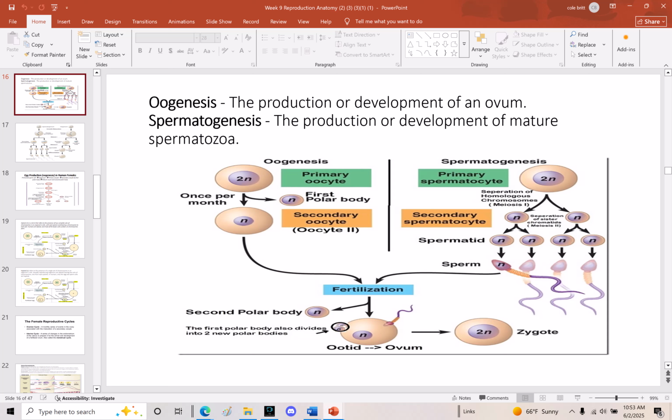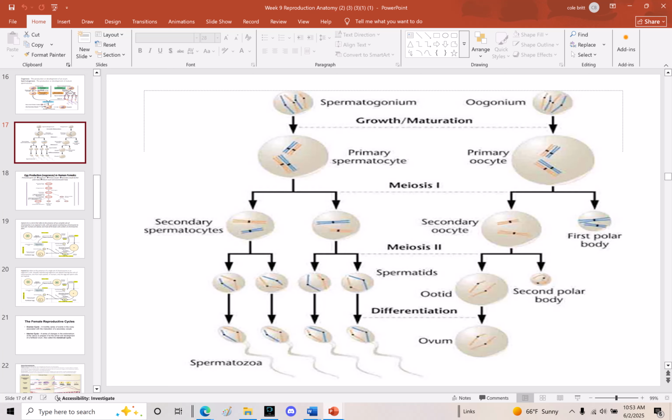Don't even make the surface. So that's why we have so many more sperm than oocytes. And there's just another little picture showing all of that.